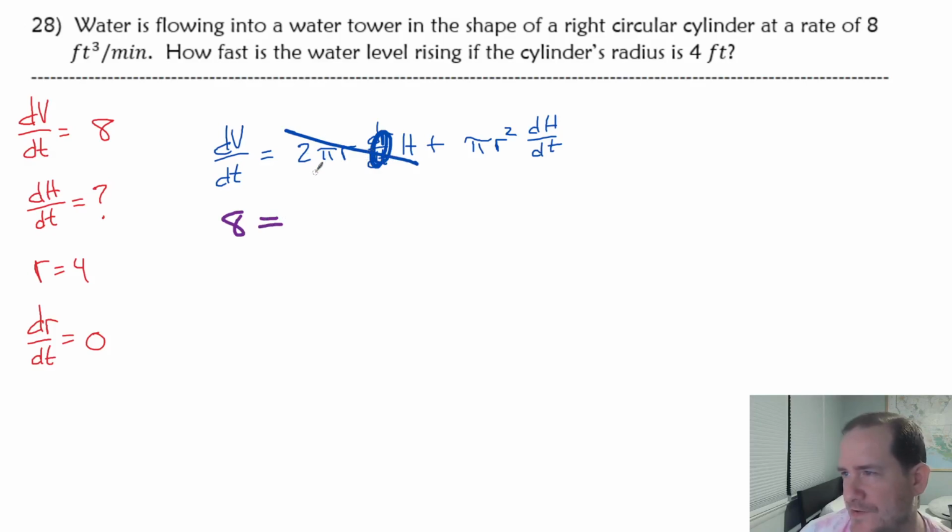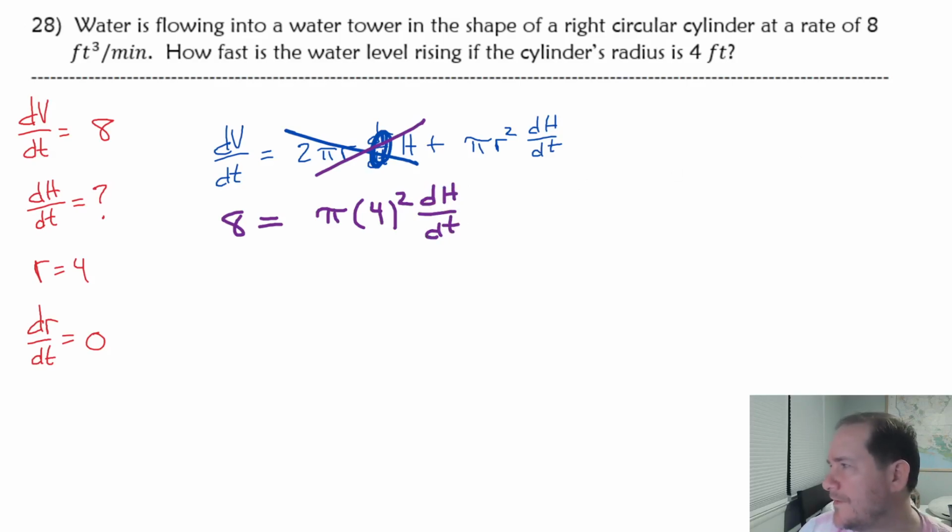This guy essentially is just gone. So we get pi times the current radius, which is 4, times dh/dt. And so solving this gives us 8 divided by 16 pi, aka 1 divided by 2 pi, which is some decimal.